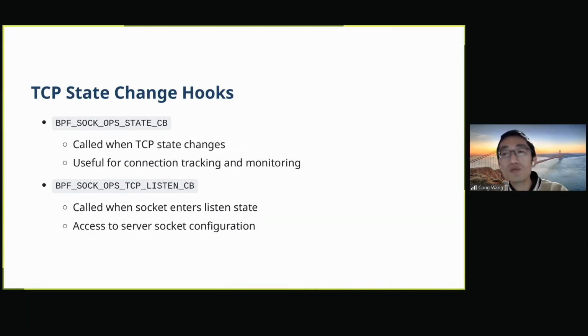It lets you decide whether the desired state transition is what you want. This is the generic one. It is also very helpful if you want to monitor all the TCP socket state changes, whether for connection tracking or performance monitoring, this kind of stuff.